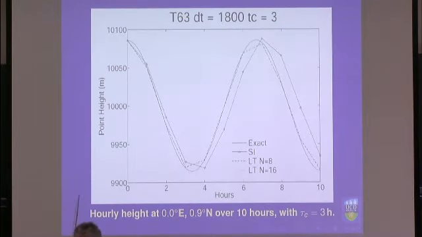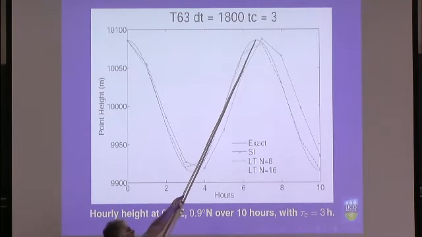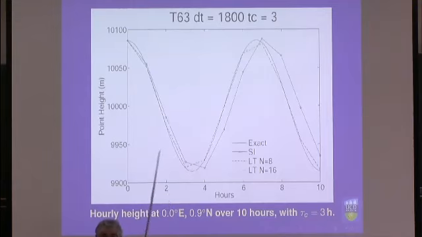One of the advantages of the Laplace transform scheme over the semi-implicit scheme is that it's more accurate. The semi-implicit scheme slows down the waves. That's a well-known thing. So here we have a Kelvin wave. The initial data is a pure Kelvin wave, and this is the height at some particular point. So it's a nice sinusoidal variation.